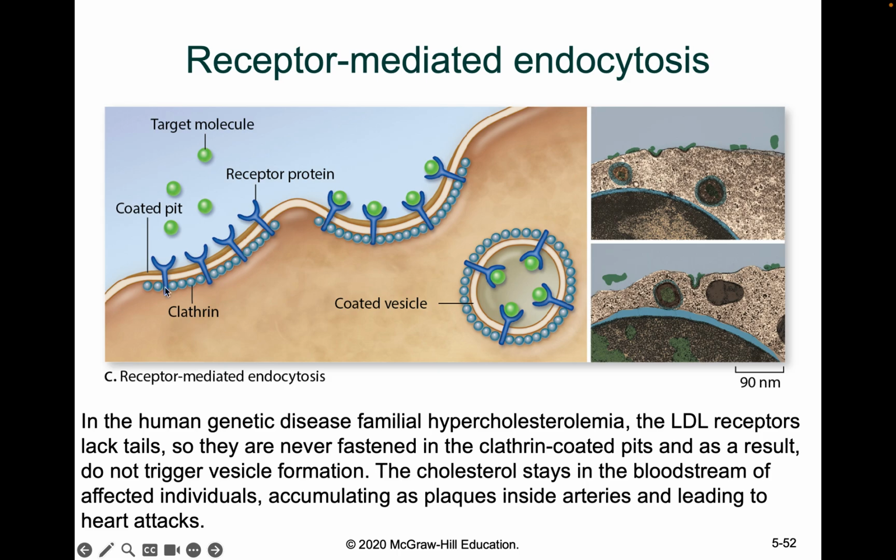In this disease, the tail is gone. Either it's lacking or sometimes there are certain mutations, but most of the time the whole tail is lacking. So once the cholesterol binds to the receptor, there is no tail to tell the clathrin it's time to take up whatever is there. So cholesterol is not taken up or processed, and it stays in your blood.